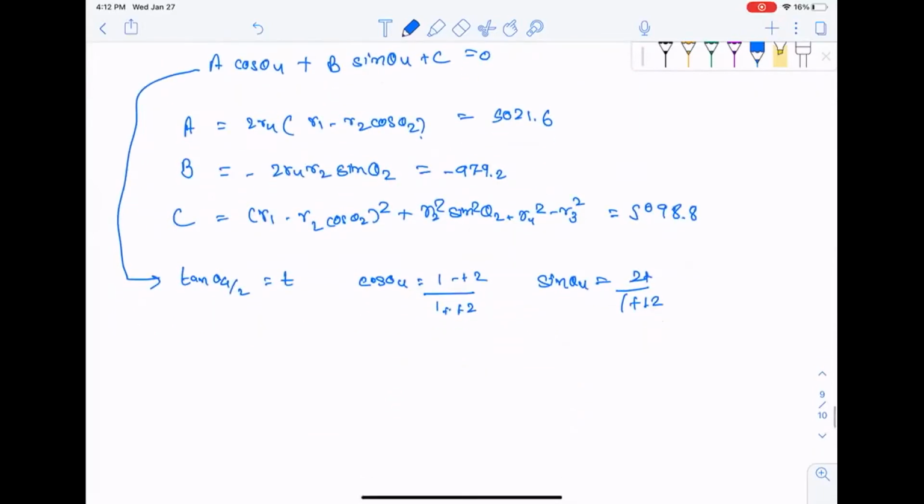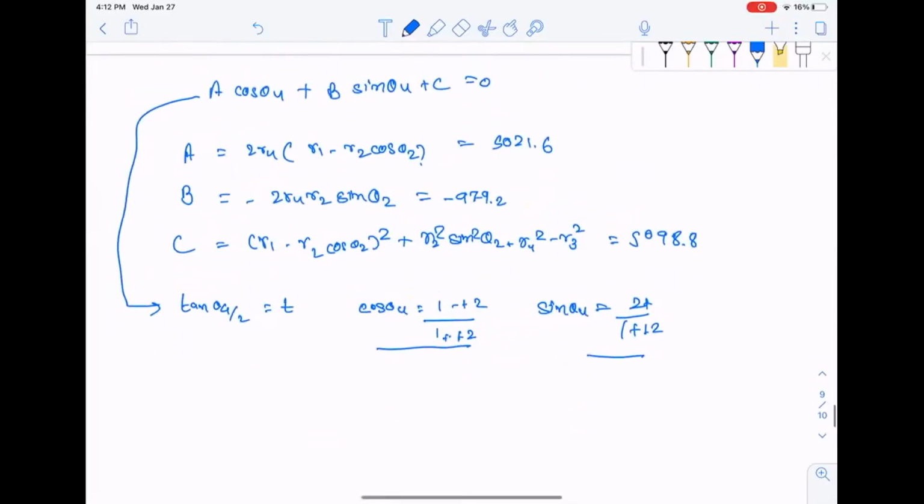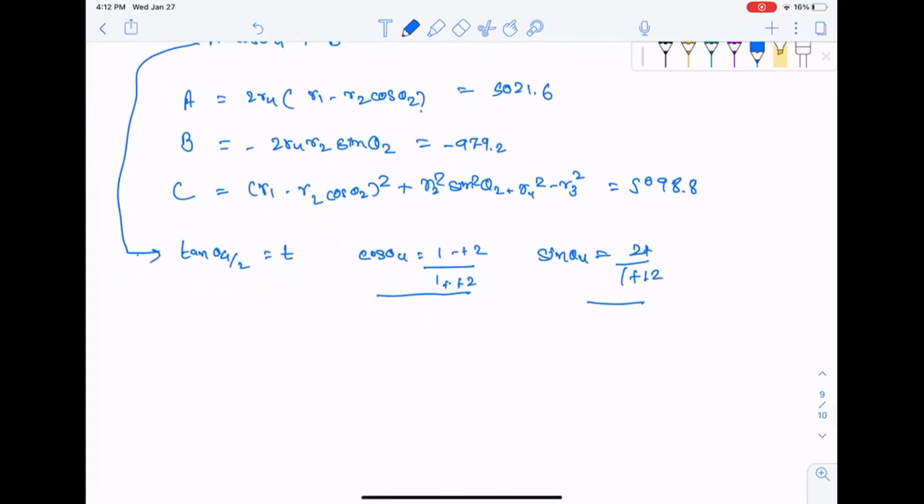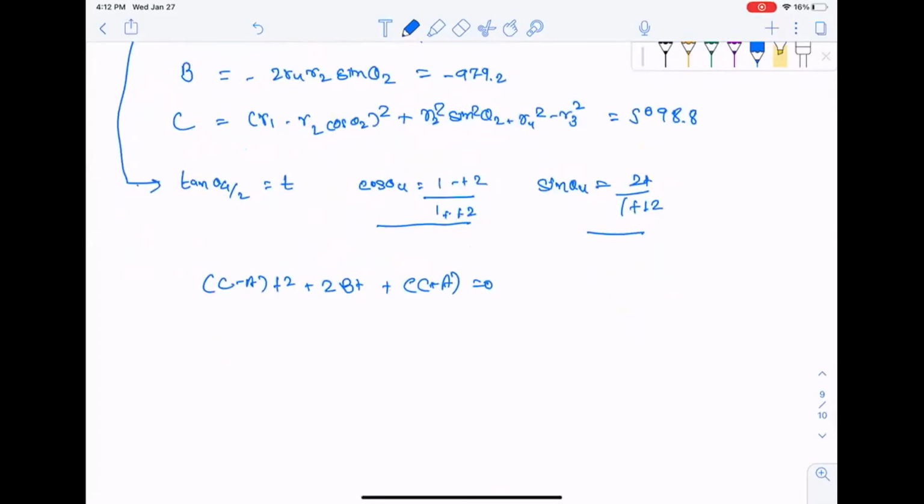If I substitute these in the equation, I will get the final equation as c minus a into t square plus 2bt plus c plus a, that is equal to 0. And you already know how to solve this equation.